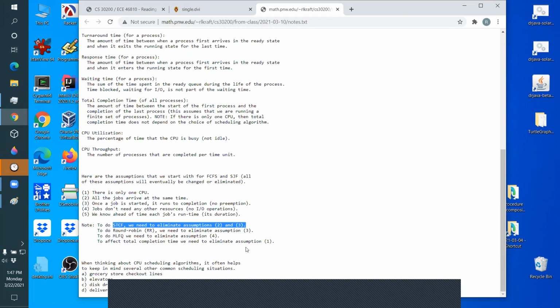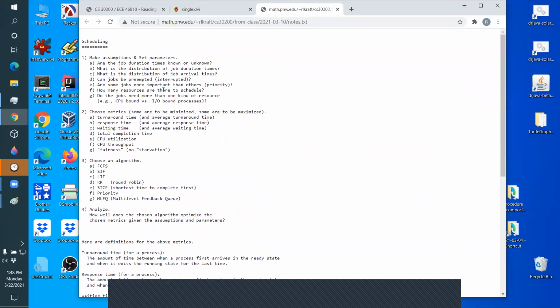Now, the next thing to do, we're out of time, is switch to a different metric. What we've been doing was emphasizing turnaround time. The next thing is to emphasize our other important metric, which was response time.